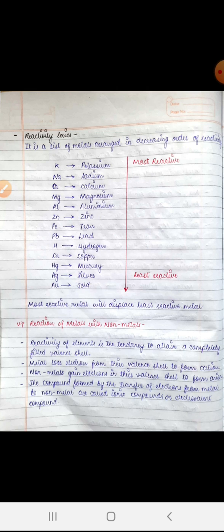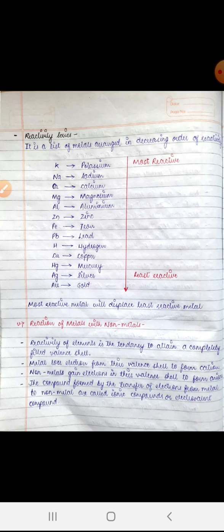Metals lose electrons from their valence shell to form cations. Cation means what? Positive charge. So metals lose electrons from their outermost shell to form a cation, which means they attain a positive charge. When they lose electrons to get stabilized, they gain a positive charge, while non-metals gain electrons in their valence shell to form anions.